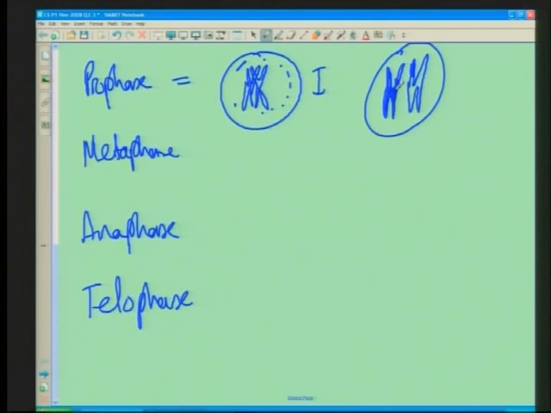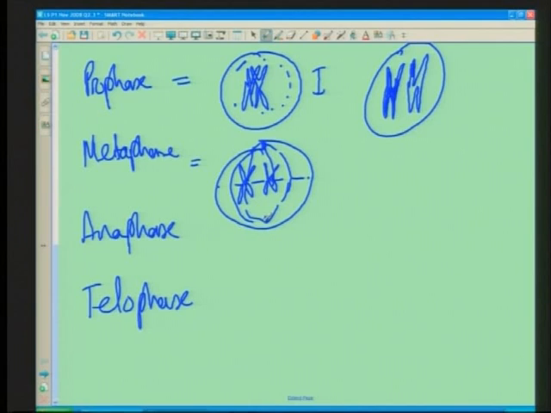Metaphase, you're going to have everything sitting here. Centromeres, centrioles, your spindles, etc. Anaphase, so meta, just think middle.